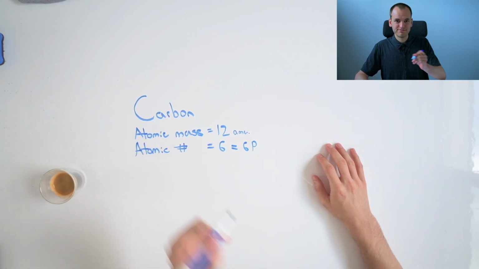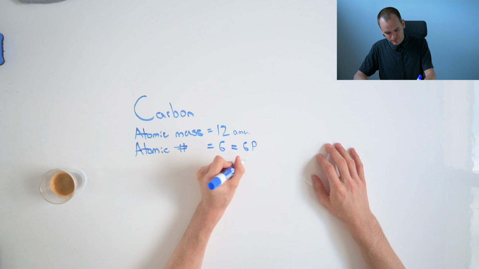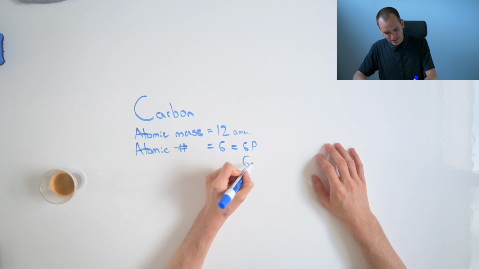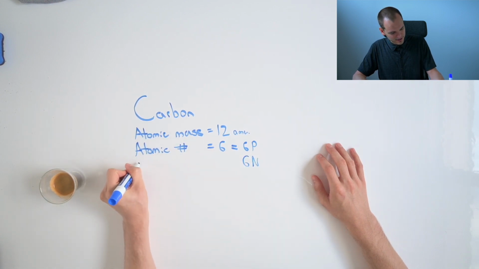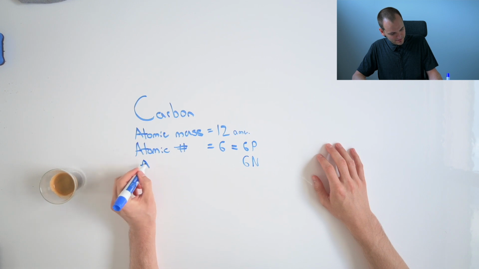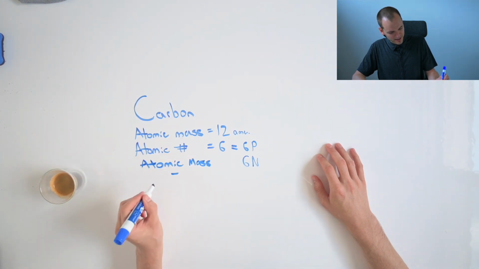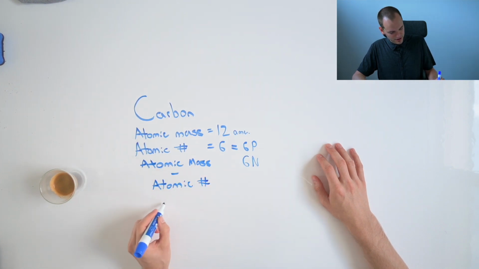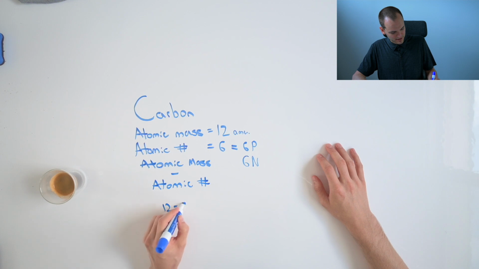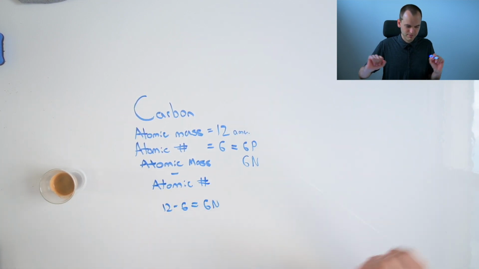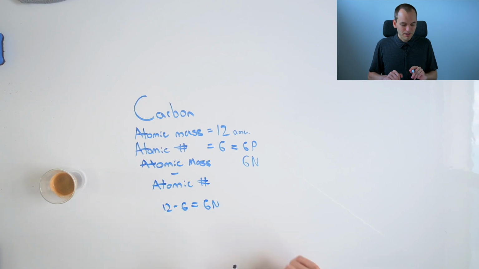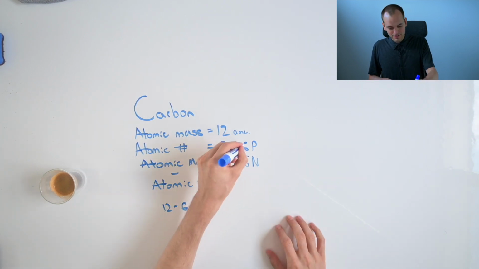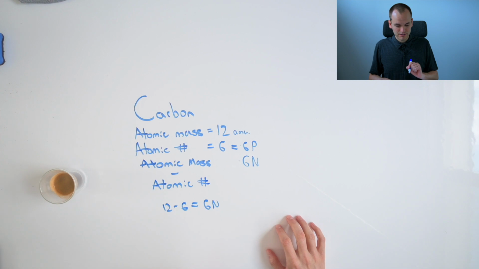Either way, we have 6 neutrons. We got this by the atomic mass minus the atomic number, which is 12 minus 6 is equal to 6 neutrons. Simple enough. So now we know we have 6 protons, 6 neutrons.